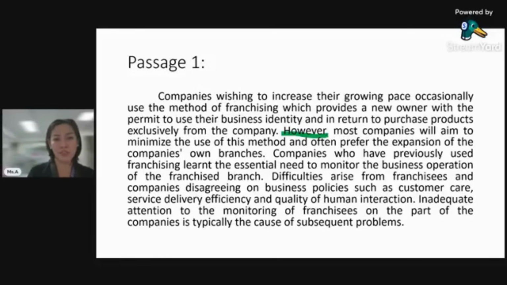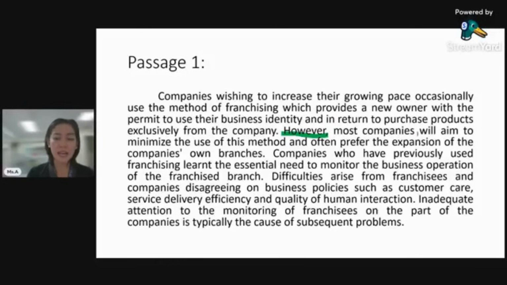So companies who have previously used franchising learned the essential need to monitor the business operation of franchise branch. Okay, so again, papasok na naman, alam ko to, ganito yan. Yun eh, bumabalik tayo habang binabasa natin yung passage, bumabalik po yung idea na alam ko tong sinasabi nito eh. So again, ang magiging judgment mo niyan is base doon sa nalalaman mo, hindi base doon sa nabasa mo. So careful tayo doon.